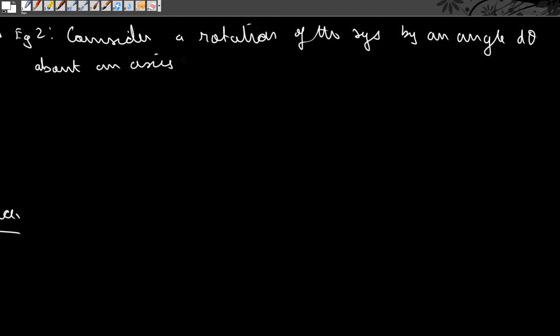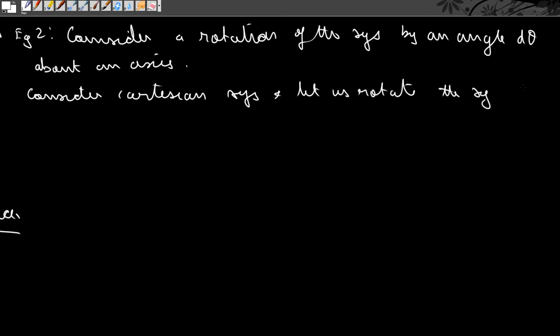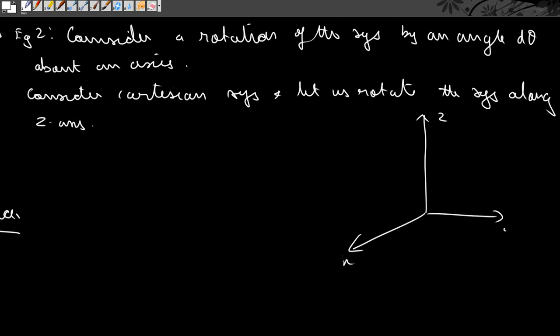Okay, so first, just to simplify the maths and to understand it more clearly, we are going to consider a Cartesian system. And let us rotate the system along z-axis. So what we're doing is basically this. If this is our z-axis, this is x-axis, and this is y-axis, and let's say that this is a particle of the system. What we are doing is we are rotating about the z-axis.